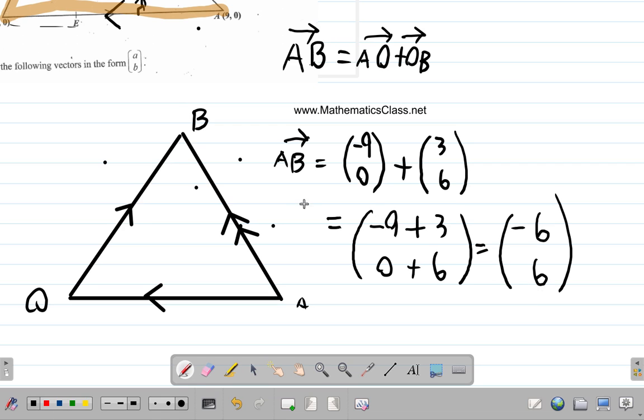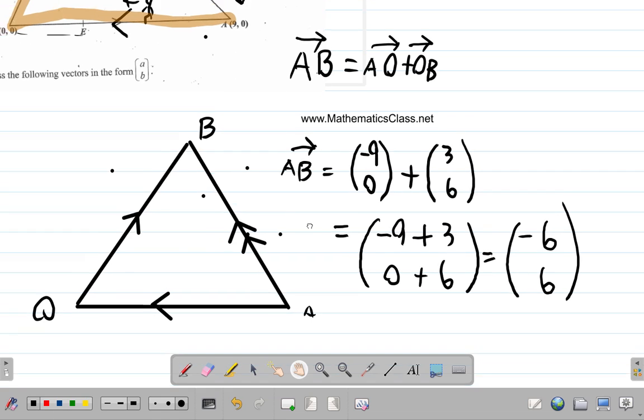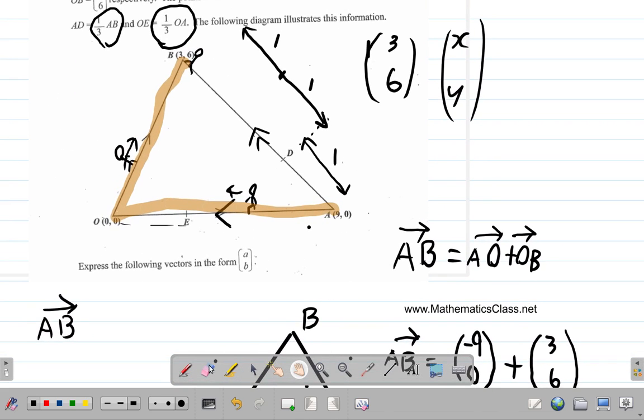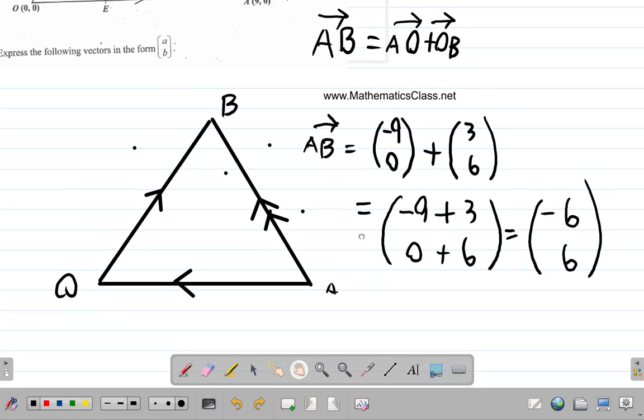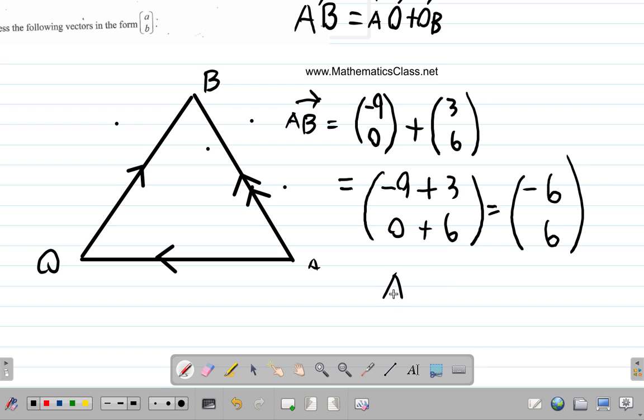So, what this is saying is that you could move from A to B by moving 6 units to the left, then 6 units up, and you end up right at B. So therefore, the answer is vector AB equals -6, 6. You see that?